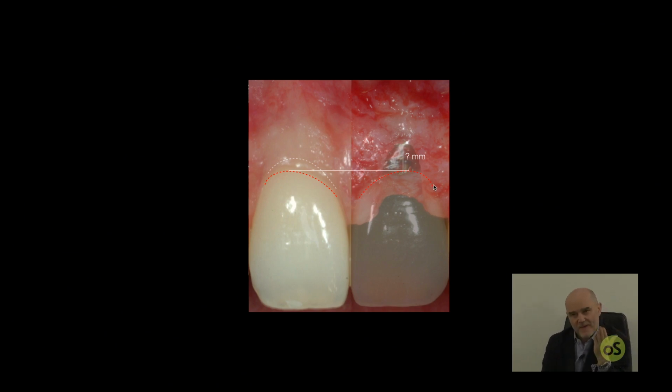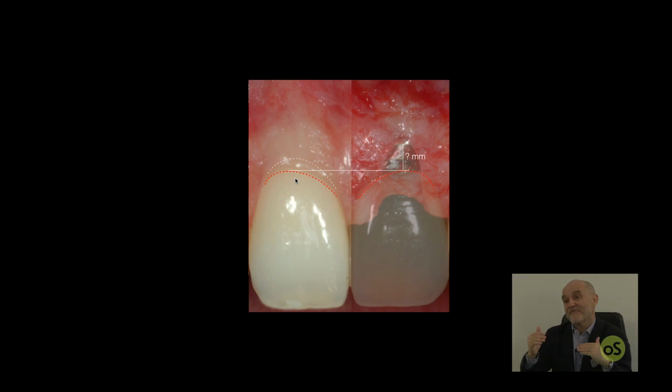the soft tissue margin of the implant-supported crown is located 1 millimeter more apical with respect to the soft tissue margin of the adjacent tooth. So there is a misalignment of the soft tissue margin between the adjacent tooth and the implant-supported crown. The patient is unhappy even when gingival recession is only 1 millimeter, because one tooth, the implant-supported one, is longer than the adjacent tooth.